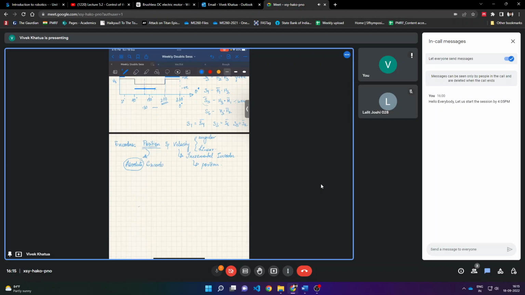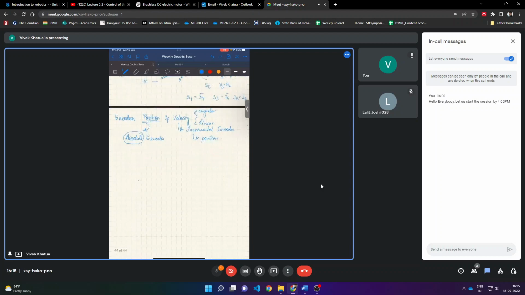So let's first start with absolute encoder. What we are trying to do here, what does the word encoder mean? Let's start from there.